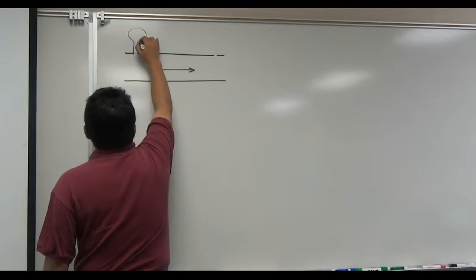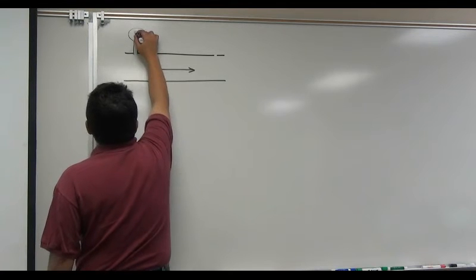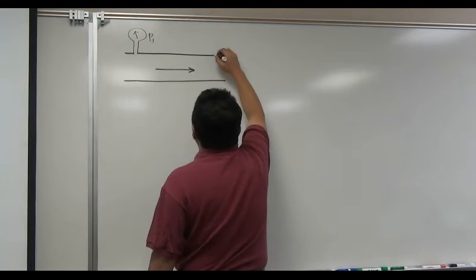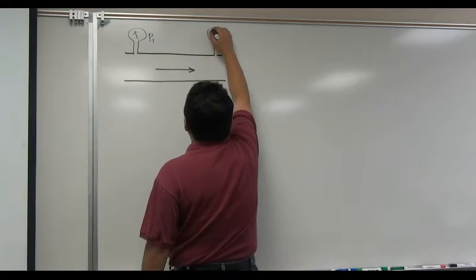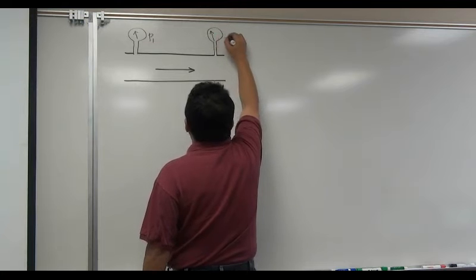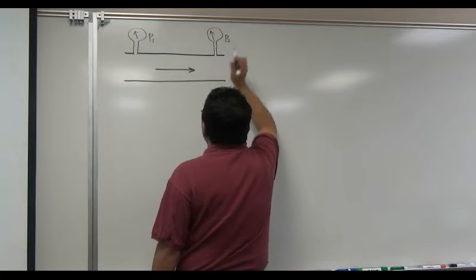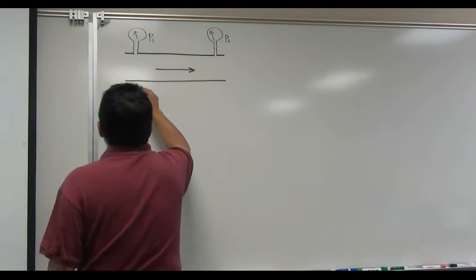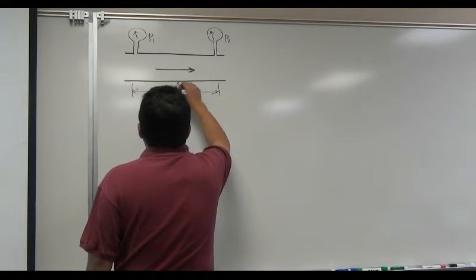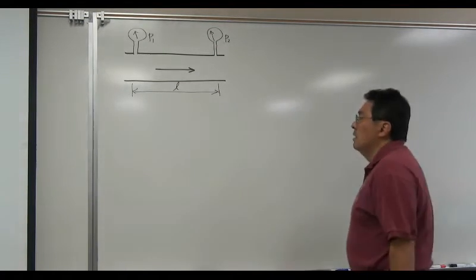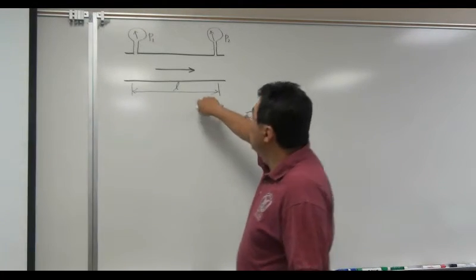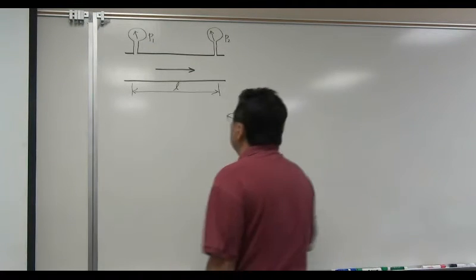So let's see. This is cross-section 1, pressure is P1. This is cross-section 2, pressure is P2. Let's say this is the horizontal length of the pipe, the length L. So over a given length L of horizontal pipe, how much pressure drop do you have?